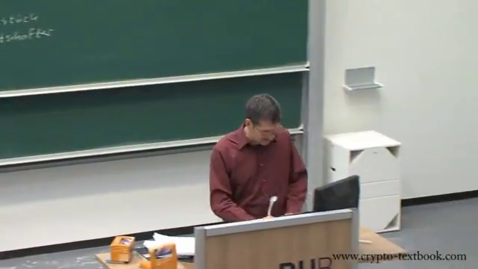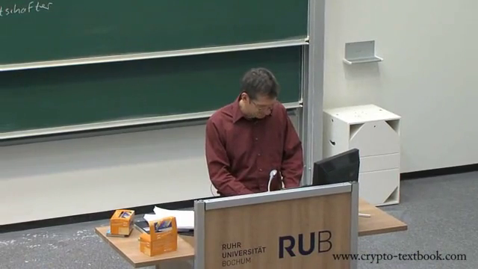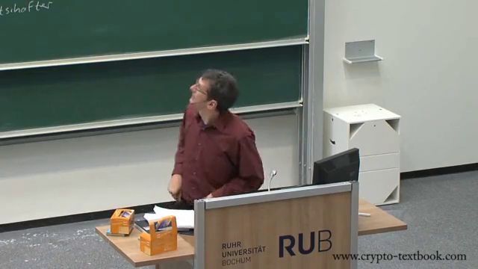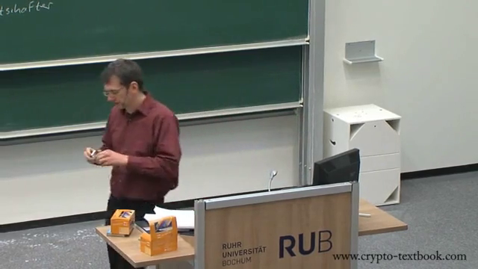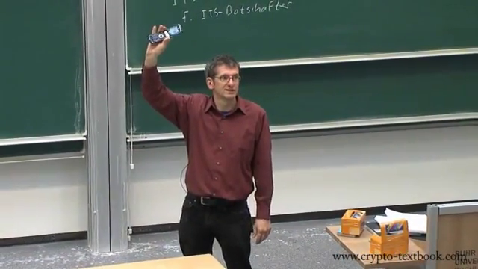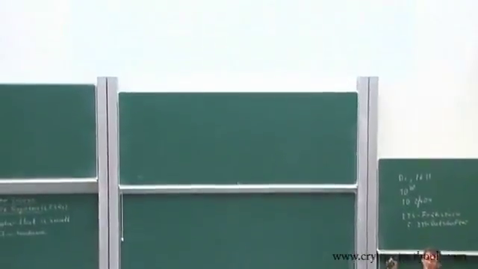To motivate that a little bit more, you see this here. I showed you that. This is in my cell phone. It's the A5 cipher. Everybody has a cell phone.